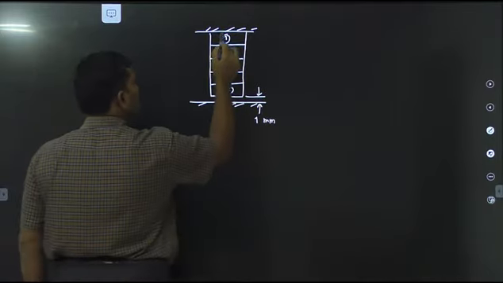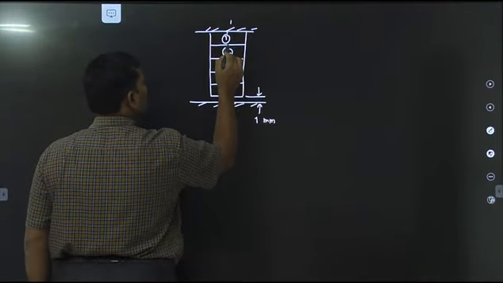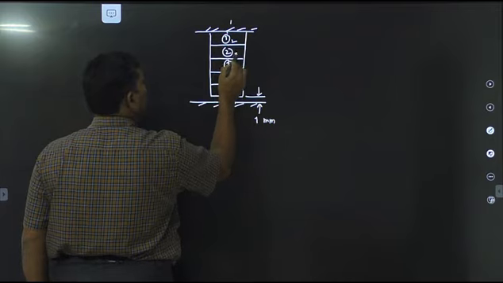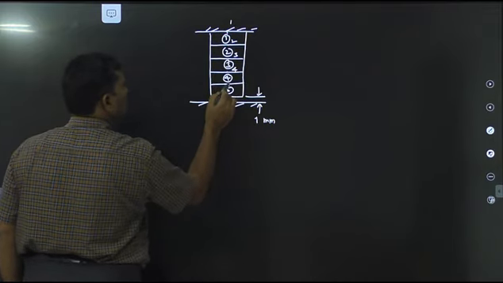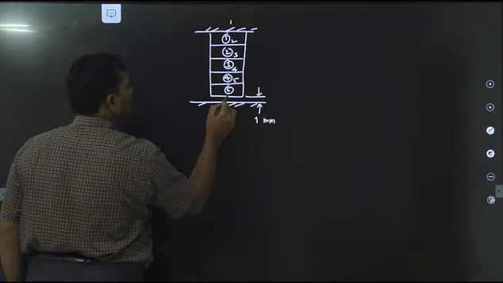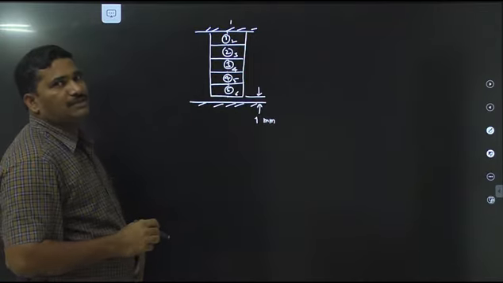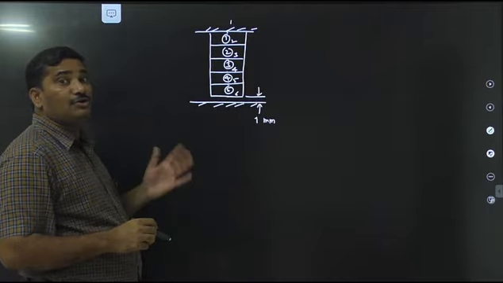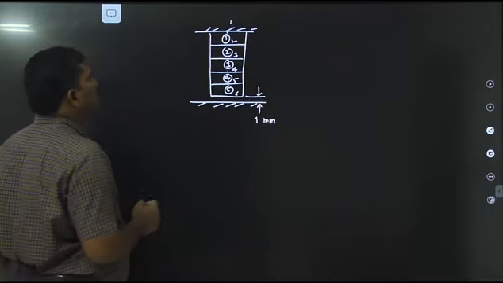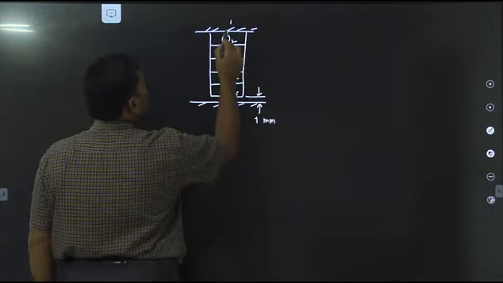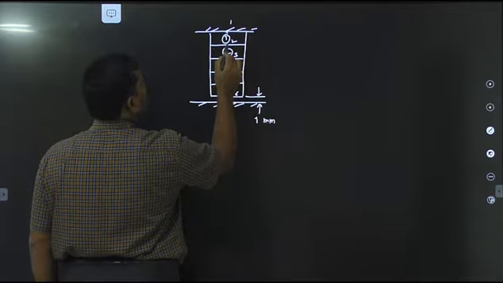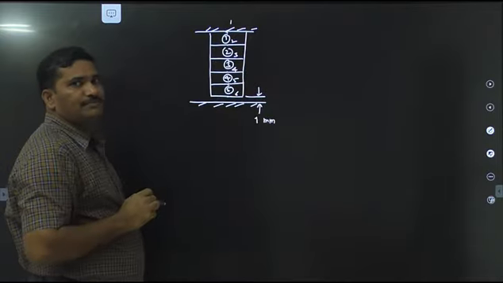Now, nodes are: this is first node, this is second node, this is third node, this is fourth node, this is fifth node, this is sixth node. Now, my element node connecting information is, right? This is the first node of first element, this is the second node of first element.